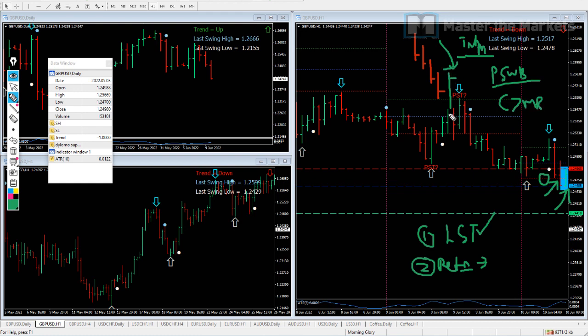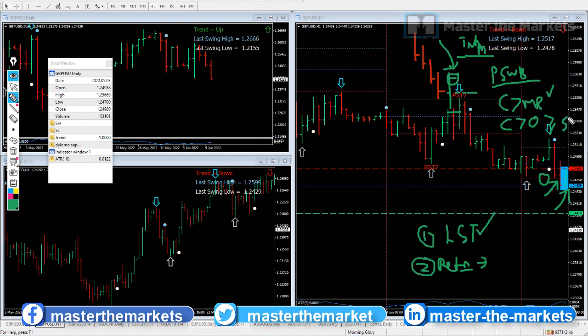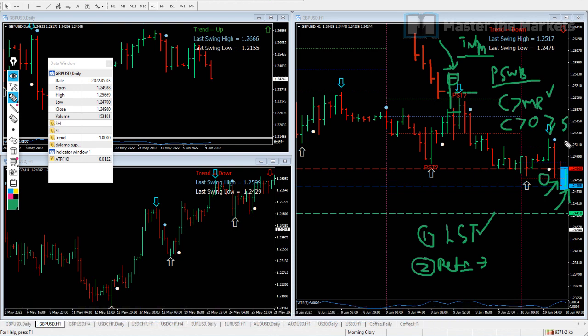So I just take the high and the low, the midpoint here. If it's closed above that, that's my first criteria for a PSwB. The next criteria is that it's stronger if it closes above the open as well. That means it will be a green bar by at least or equal to 5 pips. The retracement is quite strong. Okay, it's real.